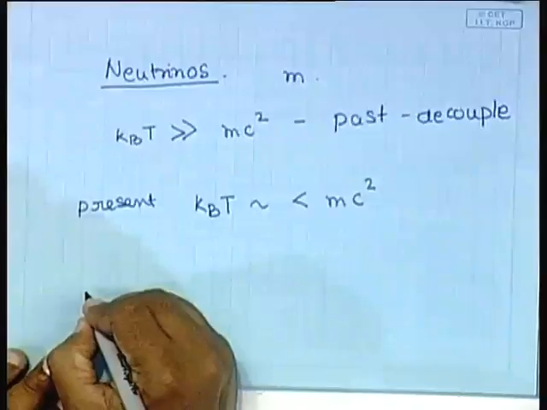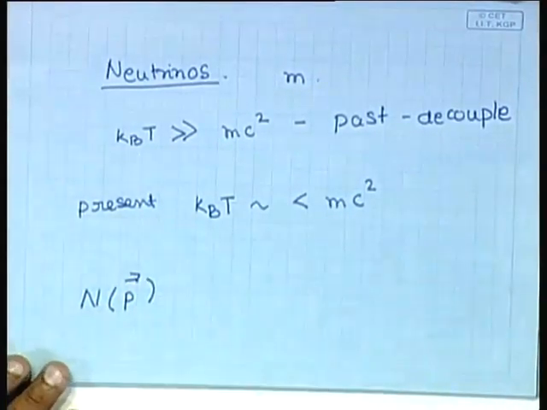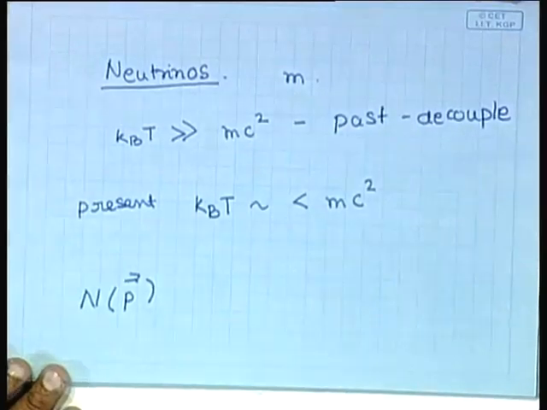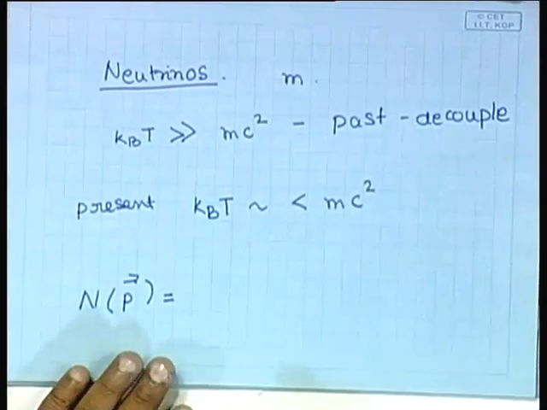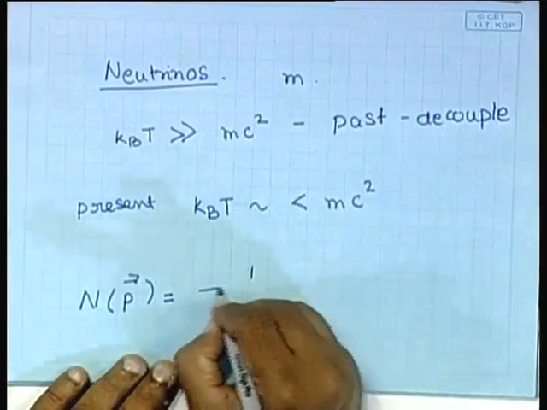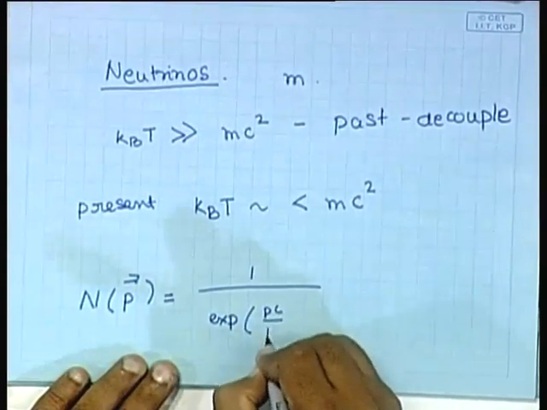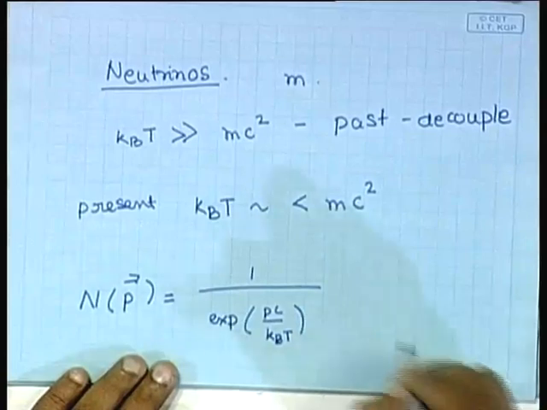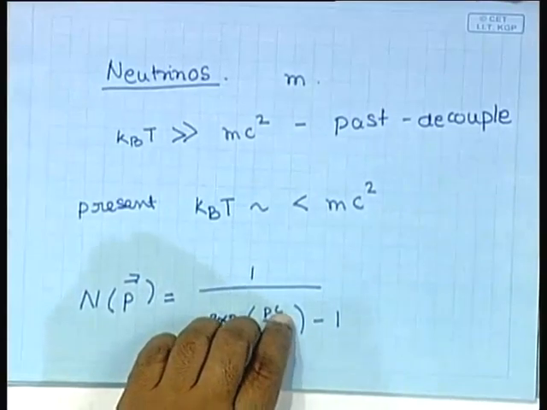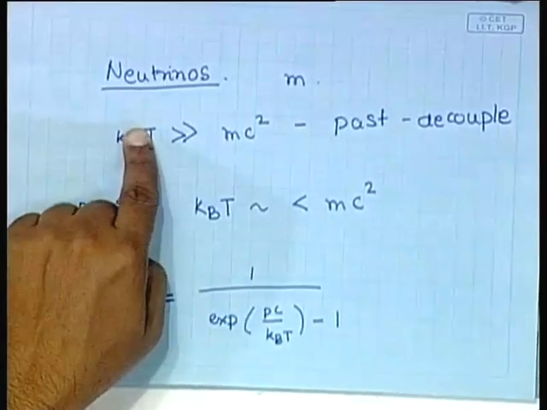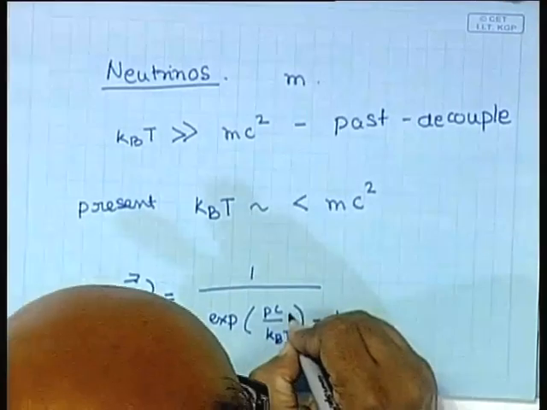So, if I want to calculate the distribution function of the neutrino now, it will be the same form, where this temperature T is related to the temperature at decoupling just by the ratio of the scale factors. Sorry, there could be a chemical potential here also.